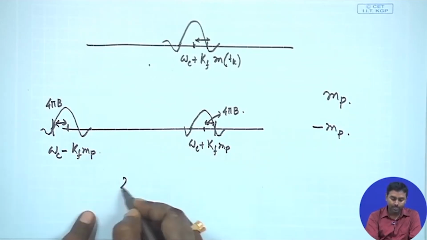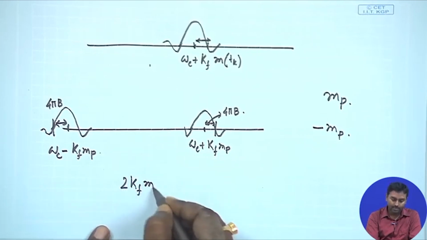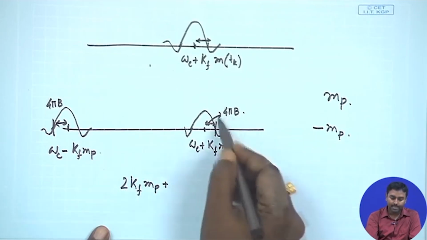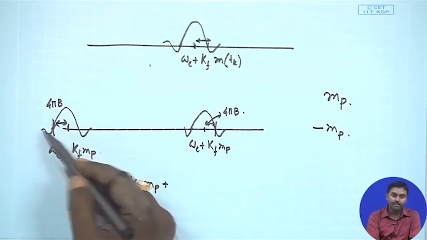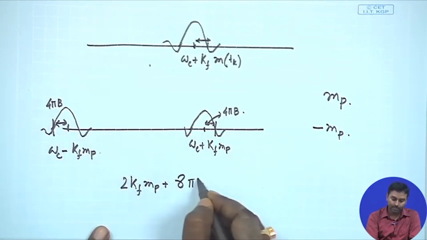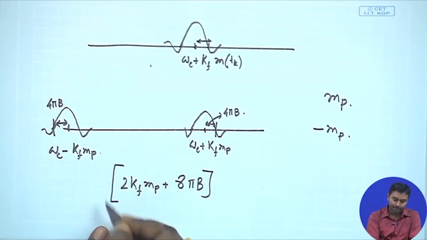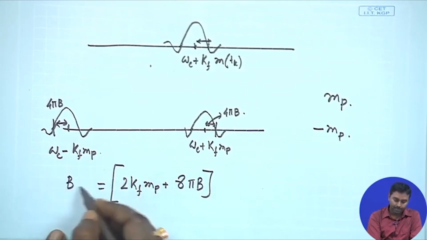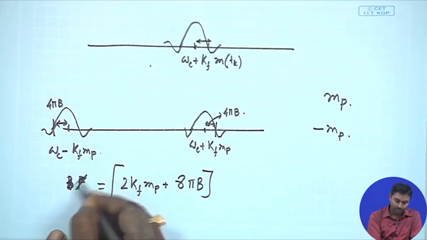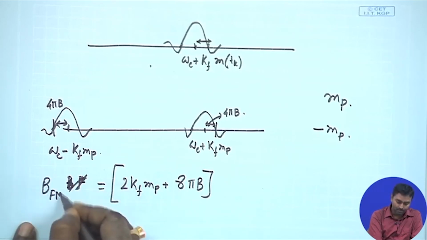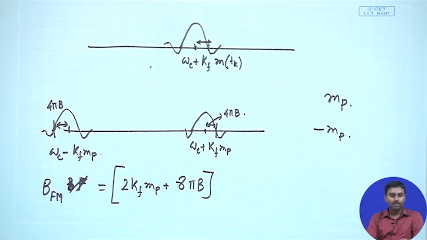That should be 2 into kf into mp, plus on this side 4 pi b and on this side 4 pi b, so it should be 8 pi b. That should be the bandwidth, B FM, the bandwidth of FM.